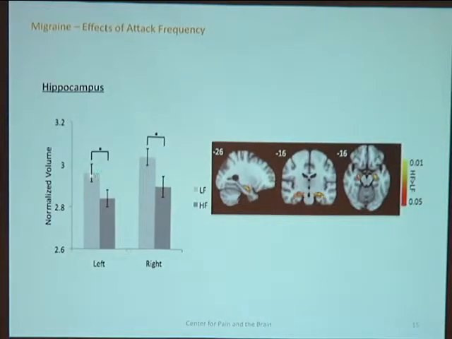And here we show that in patients who have episodic migraine with low frequency compared with high frequency in gray, there's not only a change shown here where there's an increased activation for the high frequency group in this structure, but also there is gray matter volume decrements.